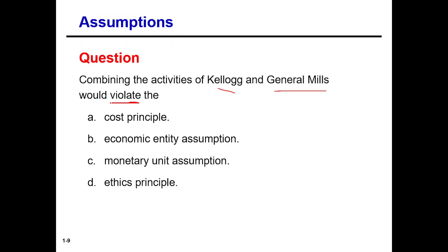We will violate the economic entity assumption. ده المفروض according to economic entity assumption we must separate between the activities of our entity and its owners and also activities of other economic entities.